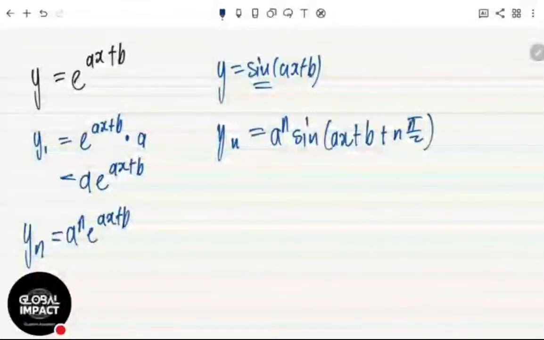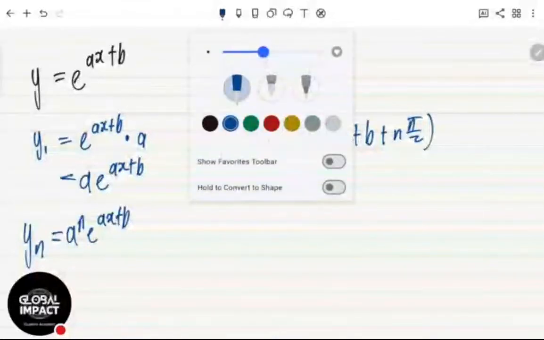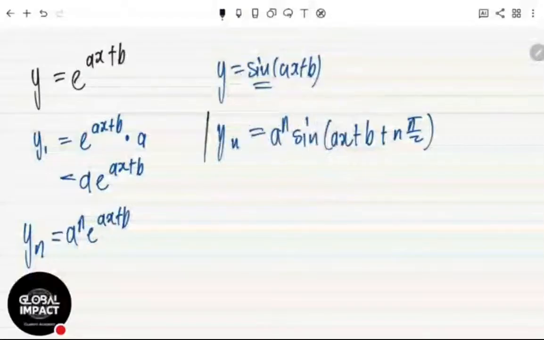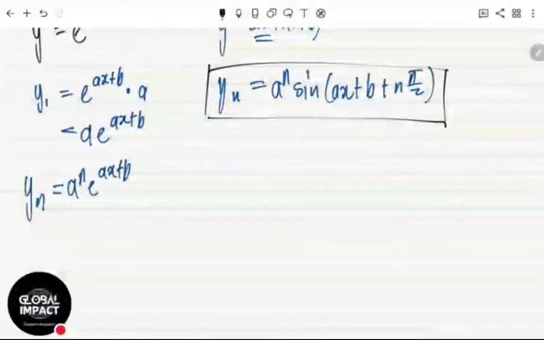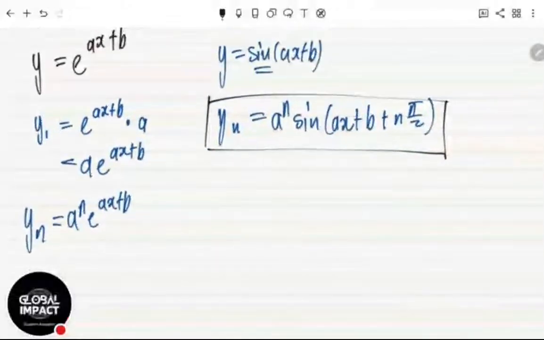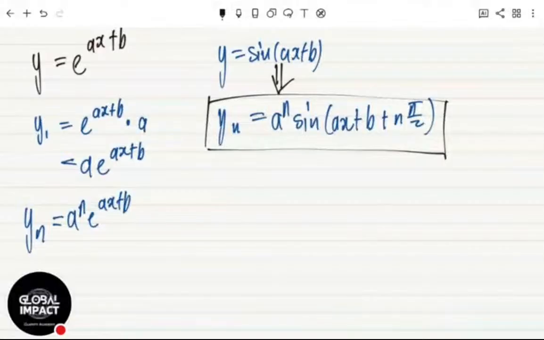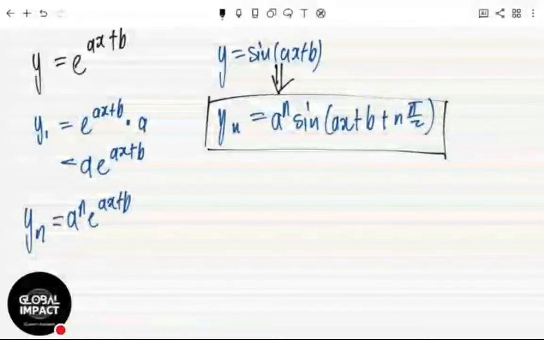And you're done. I didn't differentiate once, twice, three times, but this is what you'd get to. This is the nth derivative. Is it hard? No, it's not.